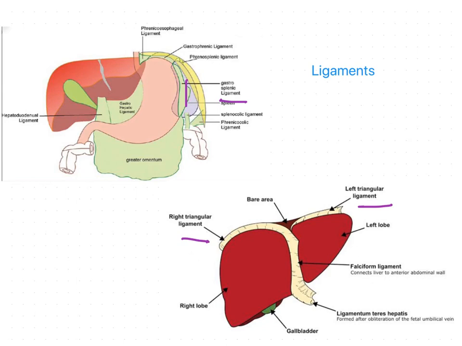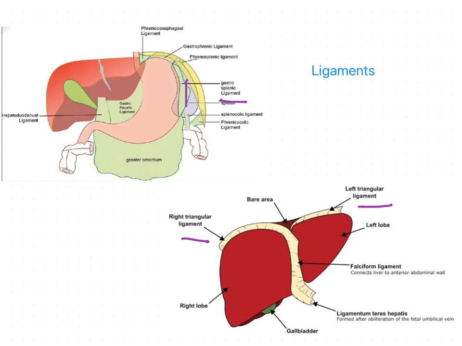These are examples of ligaments. This is another kind of peritoneal fold, a double layered fold of peritoneum which connects the organs to the abdominal wall or to each other.